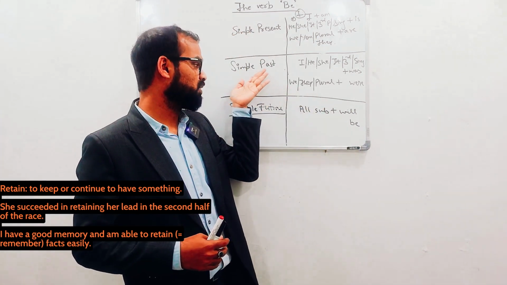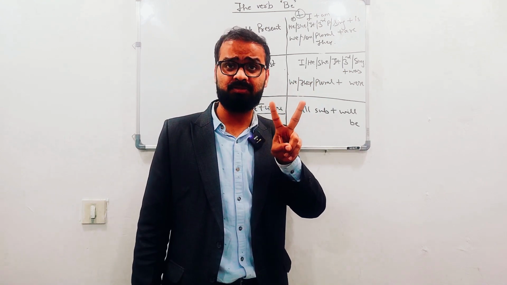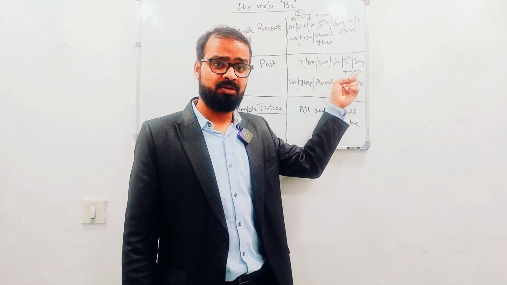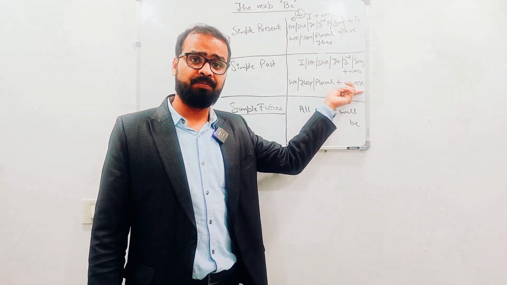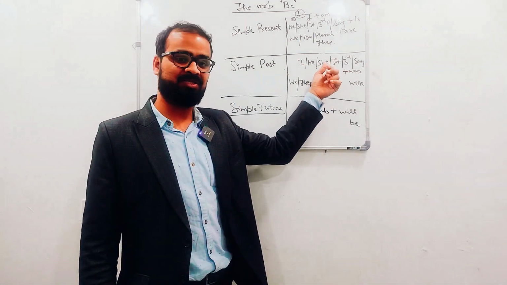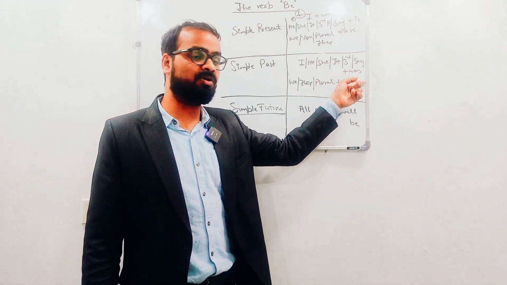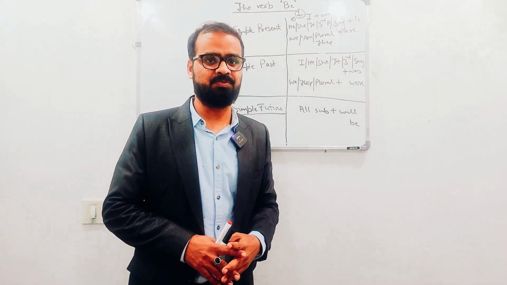So let's move on to the next one, simple past. In simple past we use two things. One is was and the other one is were. So we say I was, he was, she, it, third person, or singular, we use was. Easy peasy.